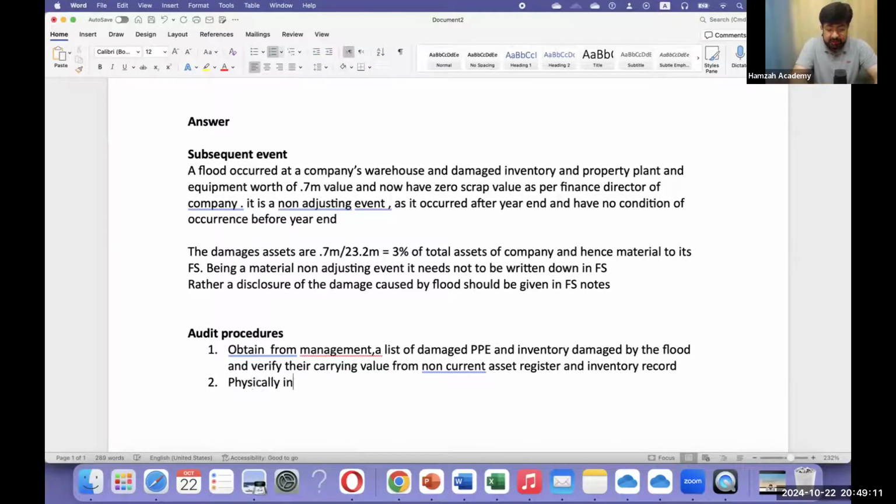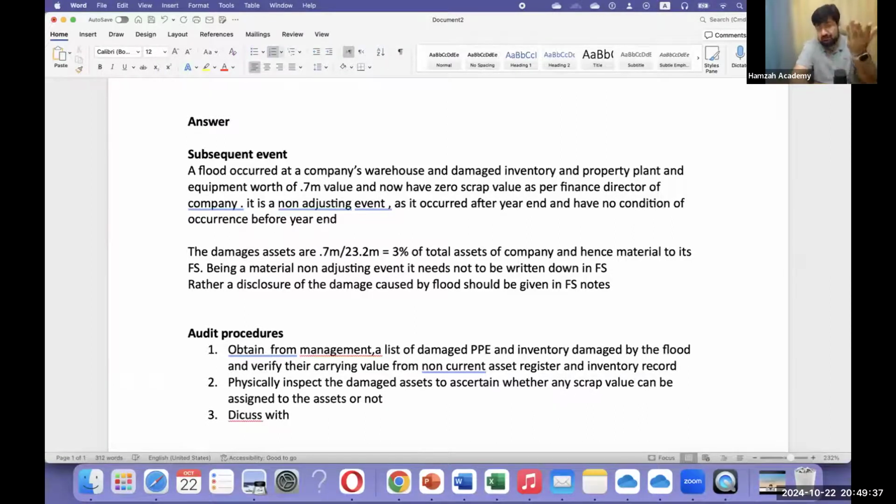Physically inspect the damaged assets to ascertain whether any scrap value can be assigned to the assets or not. Discuss with management, even if, for example, the machinery is made of iron, that may have some scrap value.